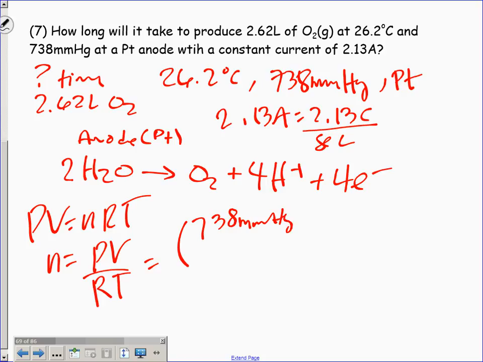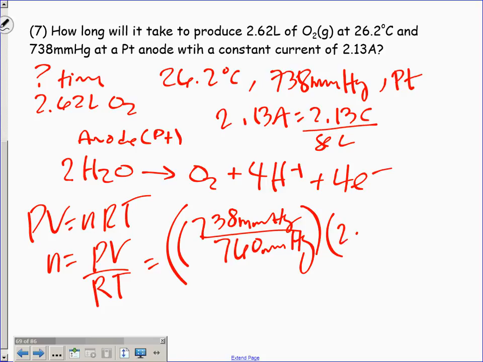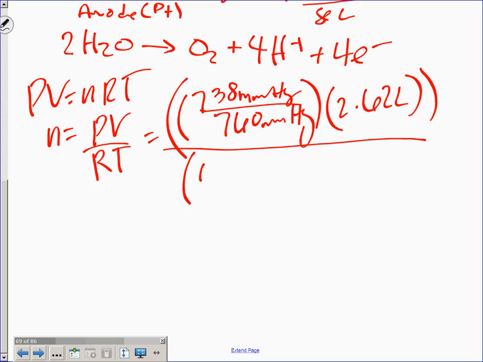Millimeters of mercury, sorry, and that's going to give me the atmospheres, divided by 760 millimeters of mercury, times 2.62, 0.262 liters. And then over 299.2. What's my R constant? 0.0821 atmosphere liters per mole.